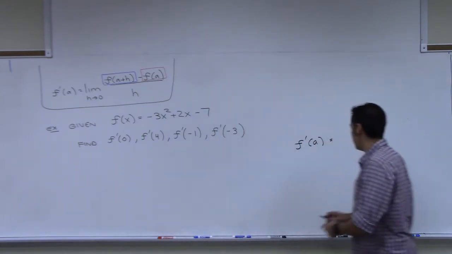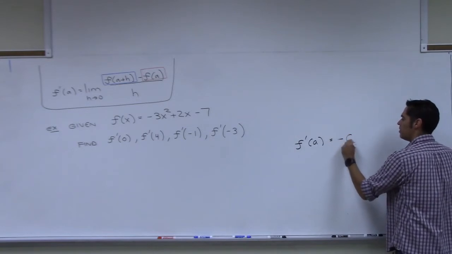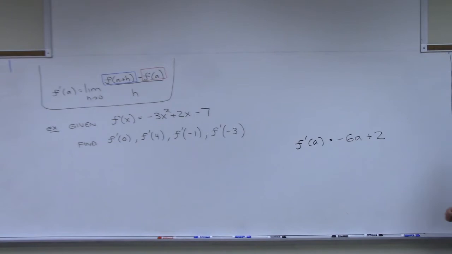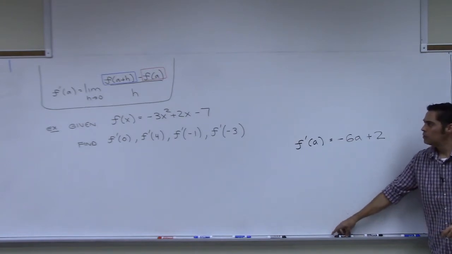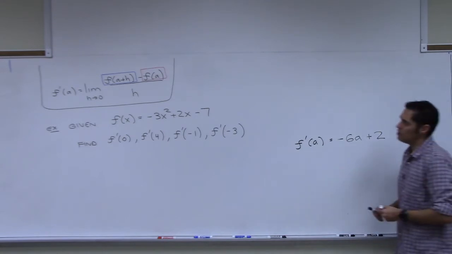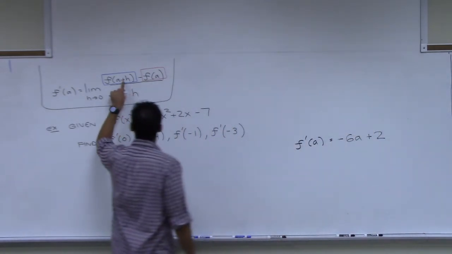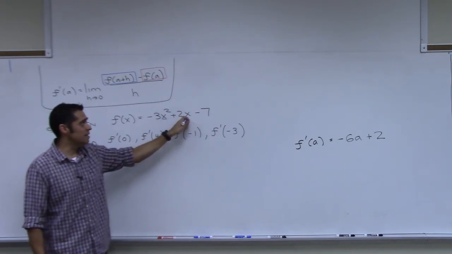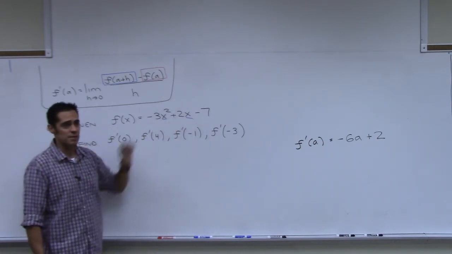Okay, so you should come up with negative 6a plus 2, right? That's what you should get. So a couple of the things that I noticed going around is, when you're plugging in a plus h into this function, you have to be aware of, it's going to go here and here, right? Not just one place, but two places.